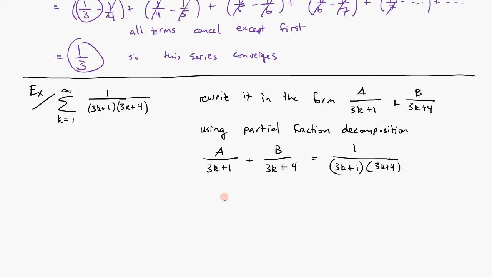Okay, so we recombine these two fractions. You'll get a times 3k plus 4 plus b times 3k plus 1, all over 3k plus 1 times 3k plus 4.